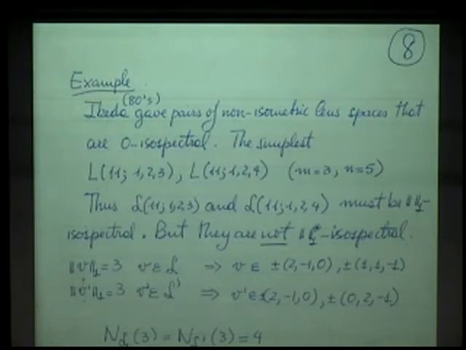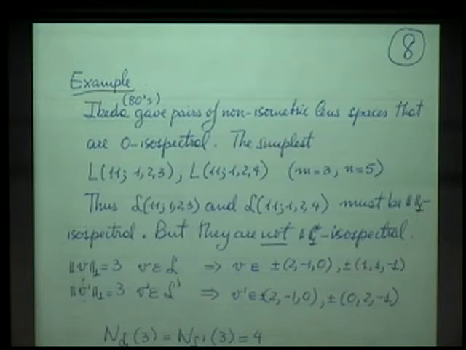Okay? So let's look at length 3. So for L, you see we need to have that 1 times c1 plus 2 times c2 plus 3 times c3 is congruent to 0 mod 11. So (2, -1) does that. Plus or minus (2, -1) does that.